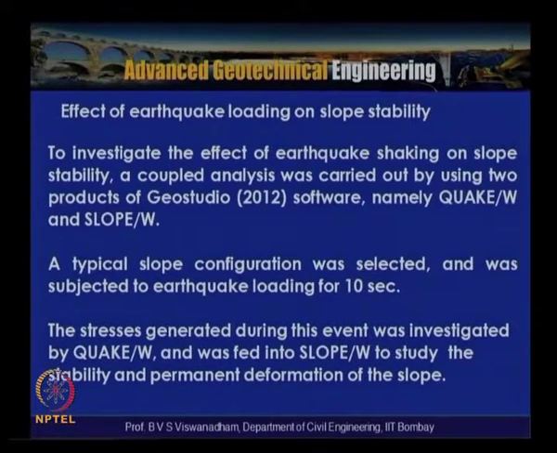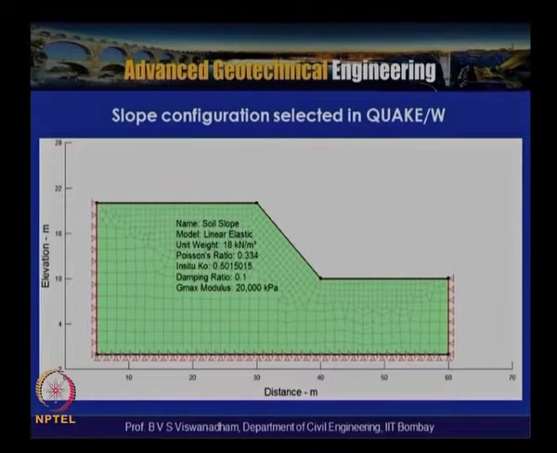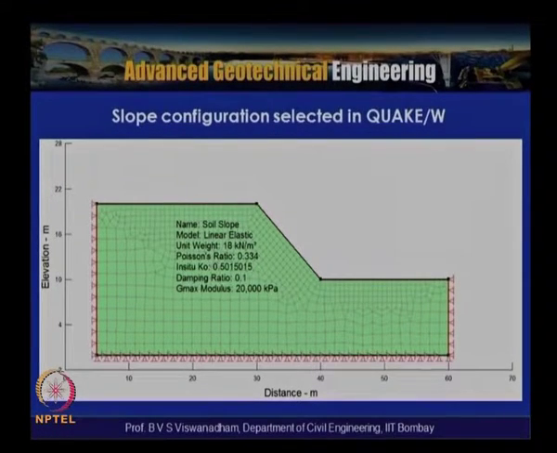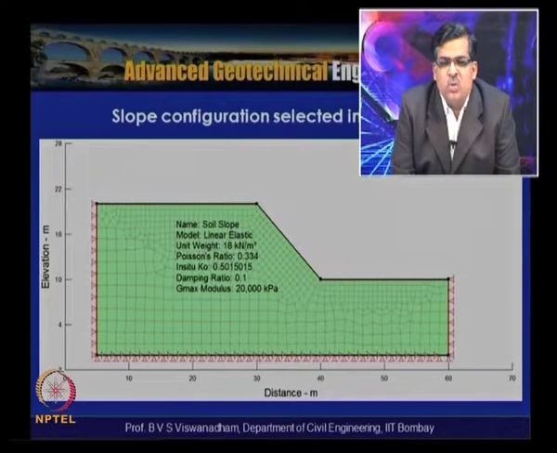So this particular analysis was carried out using SlopeW and QuakeW, and this is the typical slope configuration selected in QuakeW, where the soil slope with the following properties is shown here.